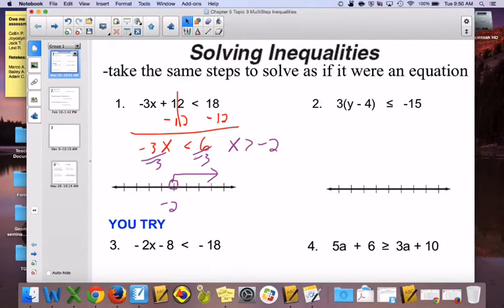Okay, example 2. Be careful with distributive property here, so we're going to distribute the 3 into the y and the minus 4 before we do anything else. So we have 3y minus 12 less than or equal to negative 15. Add the 12 to both sides.